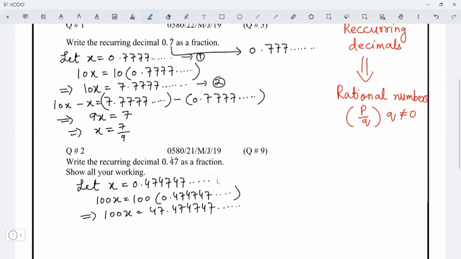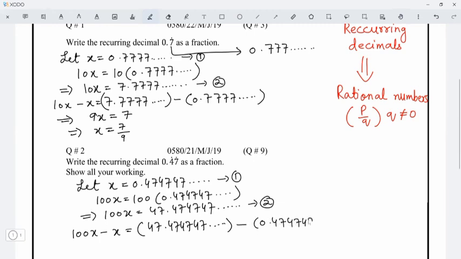The next step is also the same. We subtract the first equation, which we supposed earlier, from the second equation which has been formed here. So if we subtract, it gives 100x minus x on the left hand side. And what about the right hand side? It is 47.474747, and so on, minus 0.47, again 47, again 47, and so on.